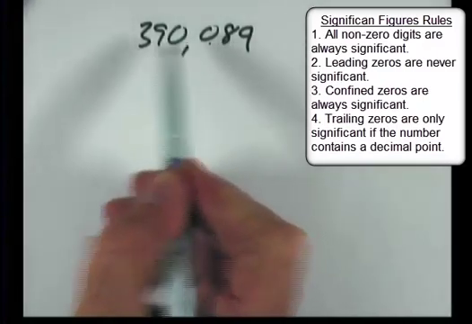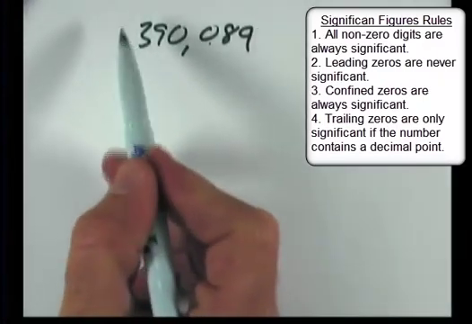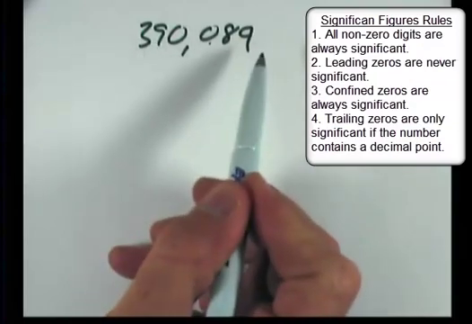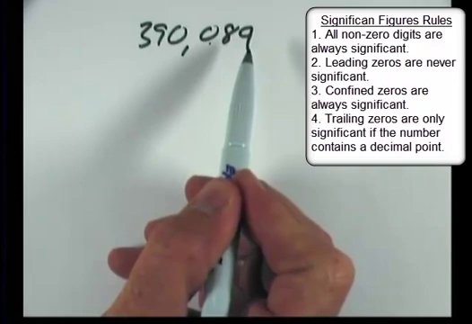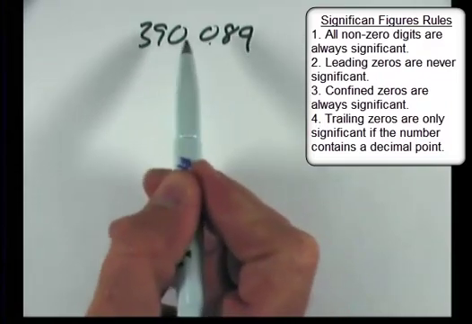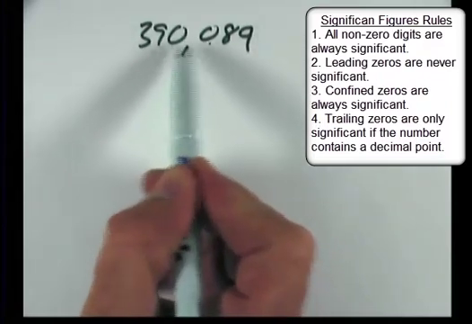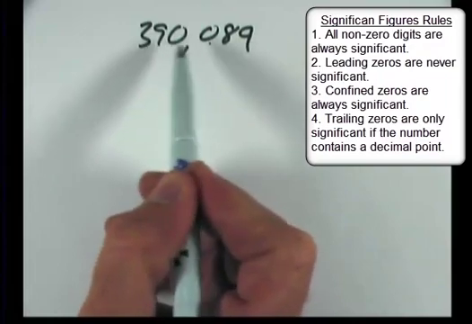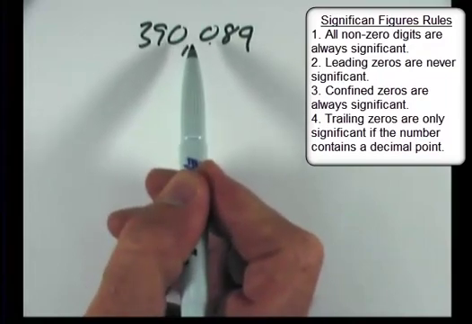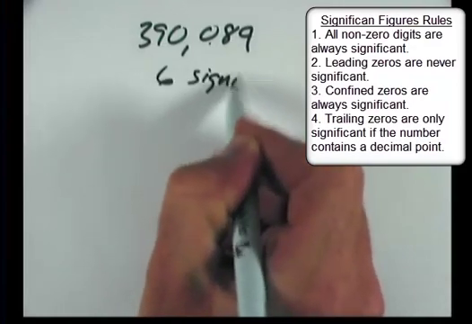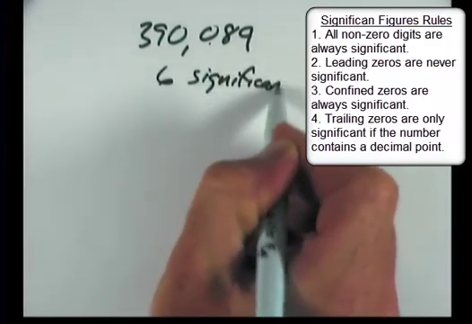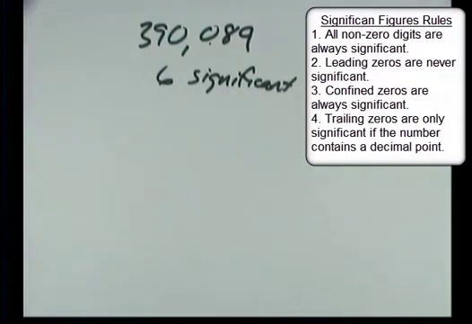These are significant. So if this was my number, I have 1, 2, 3, 4 digits that are between 1 and 9, or non-zeros, so those are significant. And because these zeros are confined within that number and actually have value, these are significant as well. So in this case, I have 6 significant figures in that number.